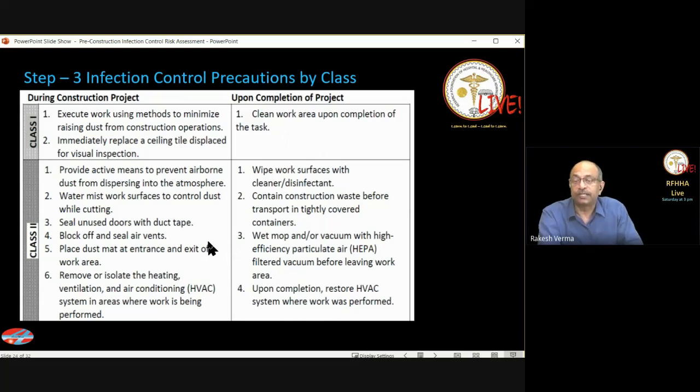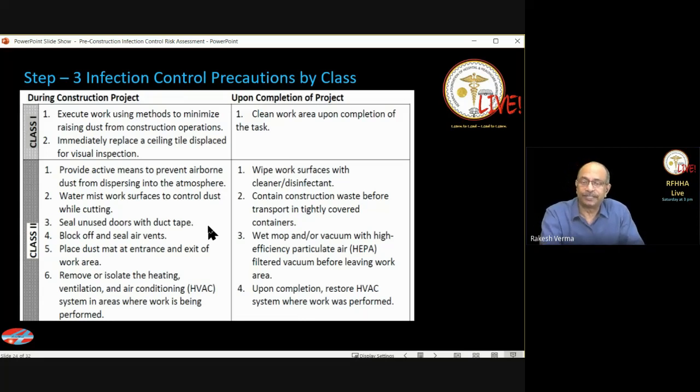When it comes to class 2, which is the next level, during the construction project you have to provide active means to prevent airborne dust from dispersing into the atmosphere. This can be by putting up dust barriers, by sprinkling water to reduce the overall quantity of dust, or using water mist on work surfaces to control the dust while cutting.